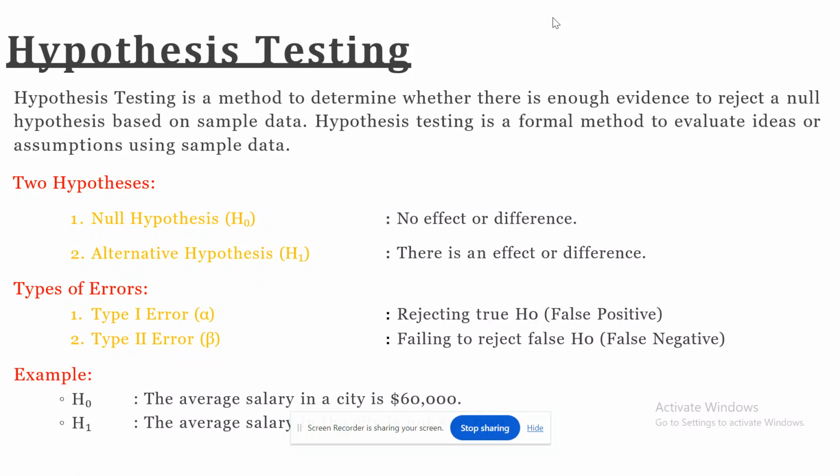The third topic in this regard is types of errors. Sometimes we face errors when we are testing a null hypothesis. These errors are due to human mistakes. For example, I have a coin and I want to check whether this coin is fair or not. So for this purpose, I will do an experiment. I will toss the coin 100 times.